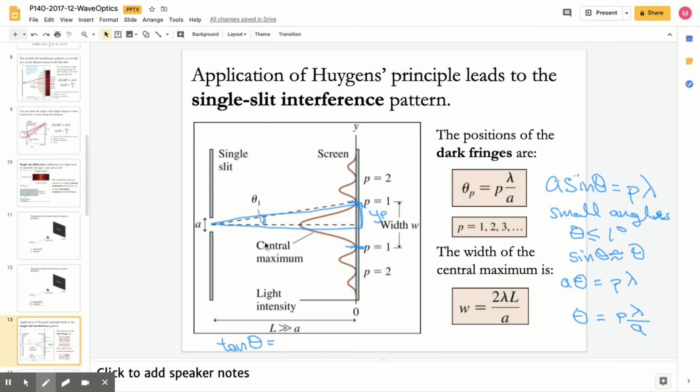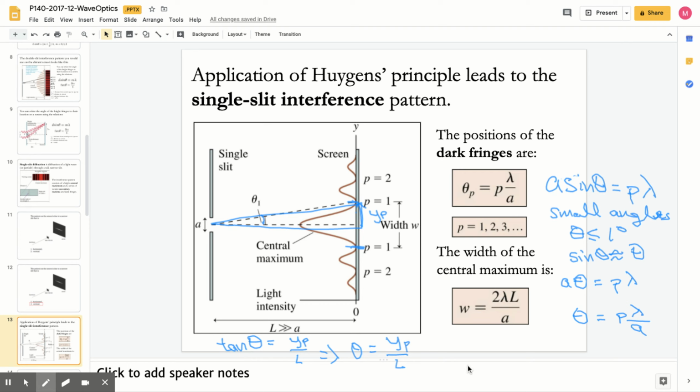Tan theta is opposite over adjacent, so that's going to be Yp over L. Then if I use the small angle approximation, theta is going to be Yp over L, right? Because for the small angle approximation, sine theta is about the same as tan theta.